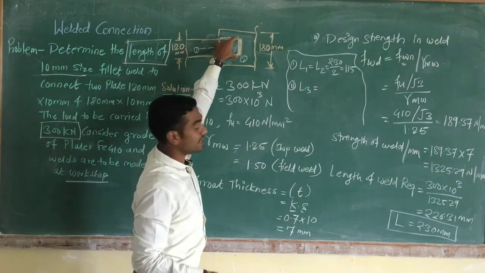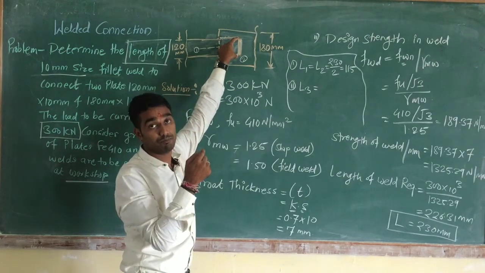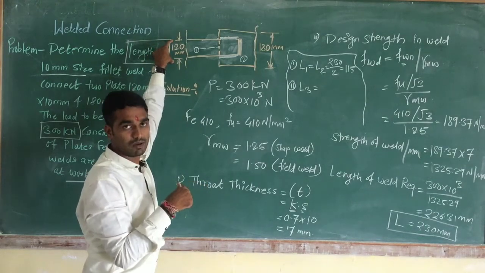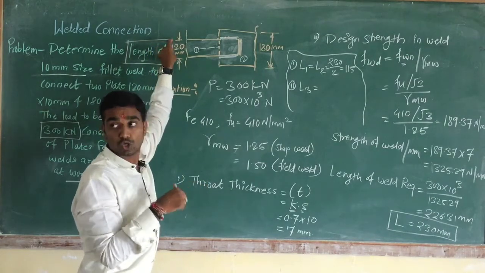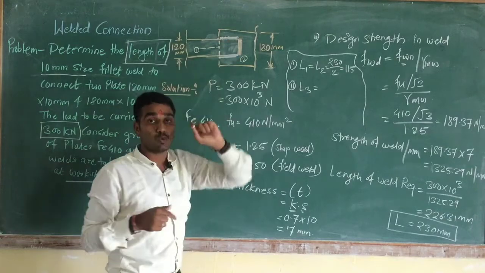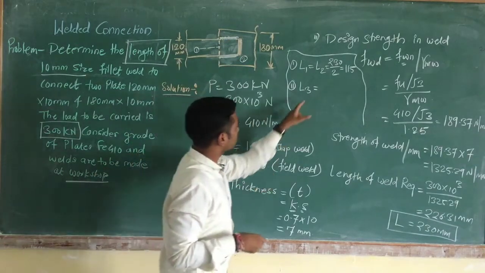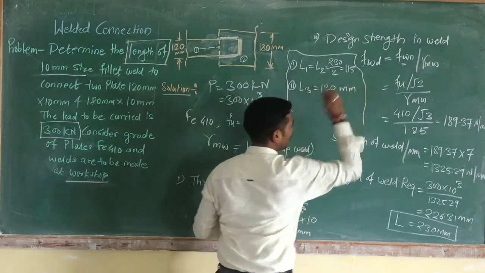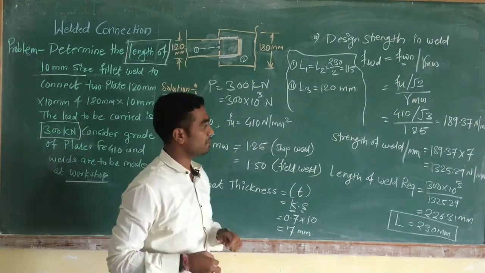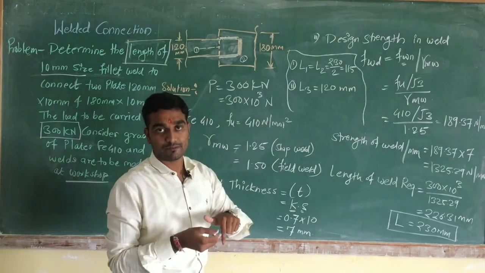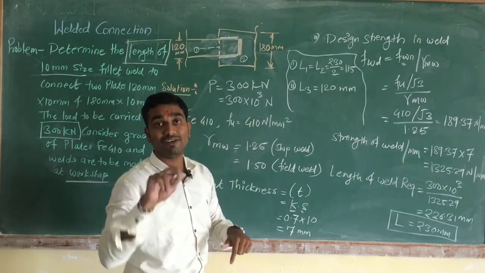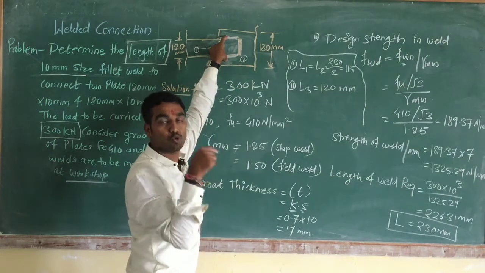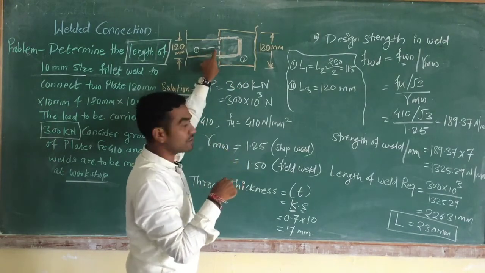Here the length of the welding available is 120 mm, because the width of the plate is 120 mm, so we can provide a welding length of 120 mm. So L3 is equal to 120 mm, and the remaining length we have to provide along these two parts equally to match the CG of the welding with the CG of the plate.